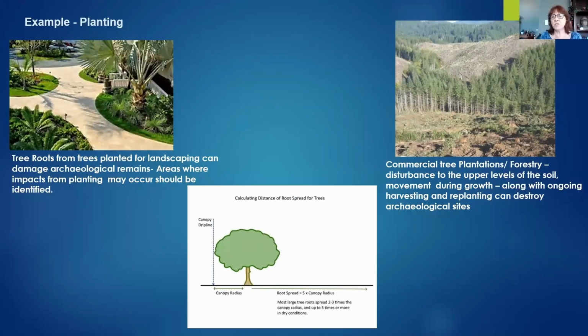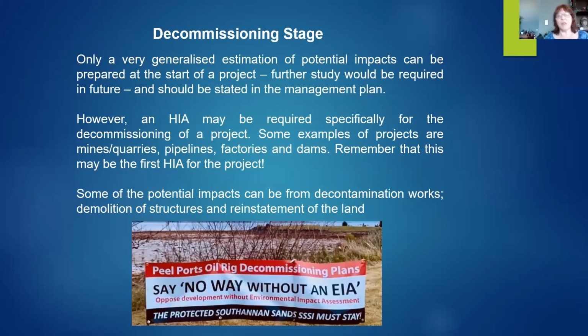So they're very destructive. And as you can see in the background, they often don't replant immediately, so you can have a lot of erosion problems as well. So these are other things that we have to look at during the operational phase that we might not think of immediately. Just a couple more slides because I think we are running out of time.